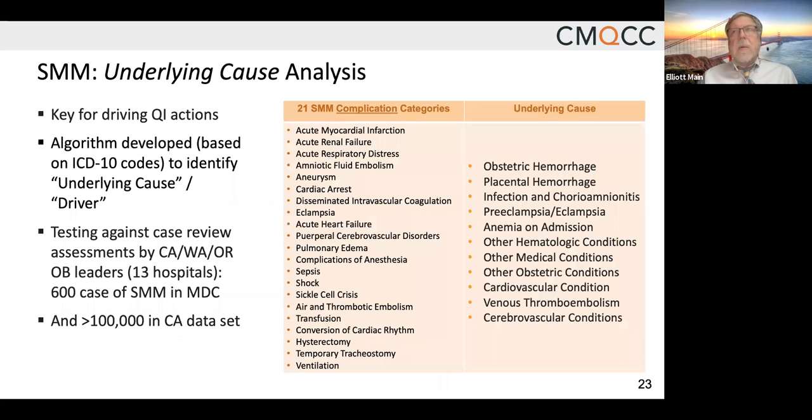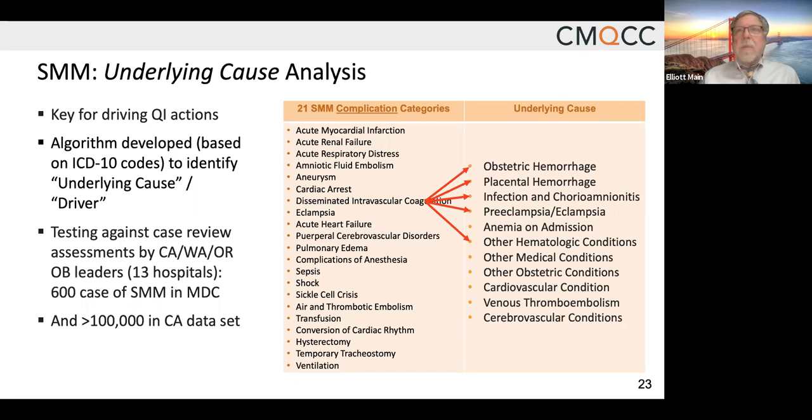We developed the algorithm and have refined it by working with 13 hospitals in our 3 states, and have reviewed more than 600 cases of severe maternal morbidity with case review and chart review, and then looked at 100,000 cases of severe maternal morbidity in our very large California data sets. There are a couple of things that are clear. One is, next slide, if you look at DIC, it can be caused by many different underlying causes or underlying conditions.